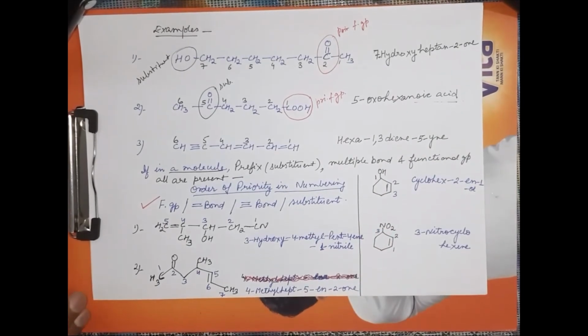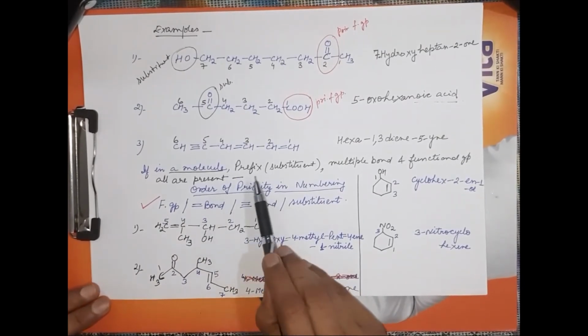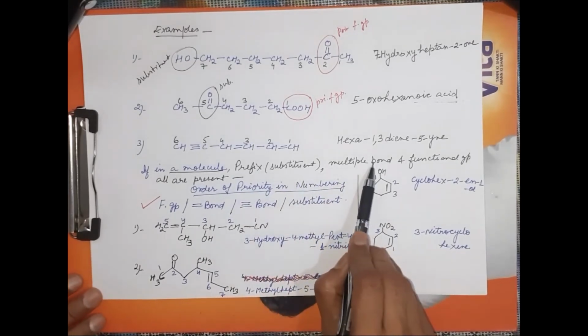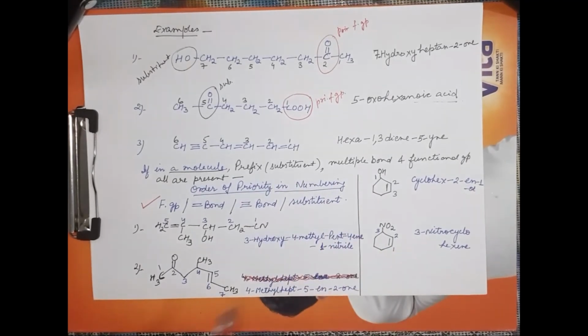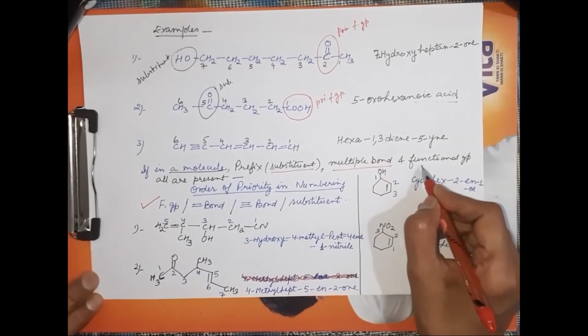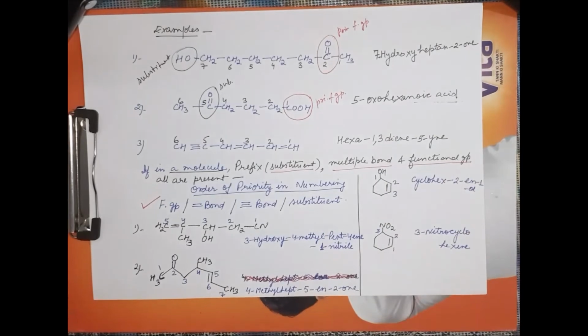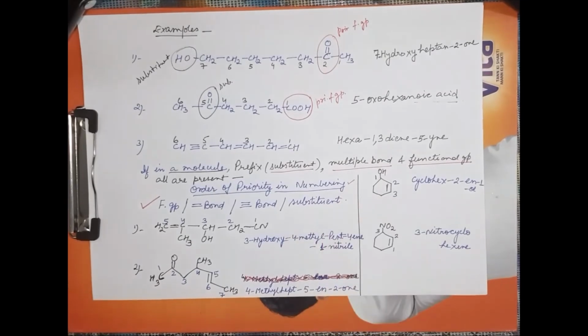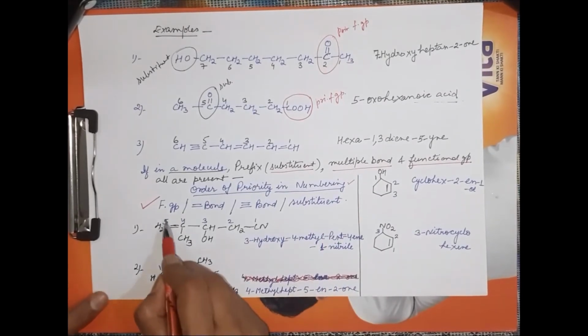Now we can see if any particular molecule is having all three: a substituent, a multiple bond, and a functional group. In such cases, what should we do? The order of priority in numbering is this.